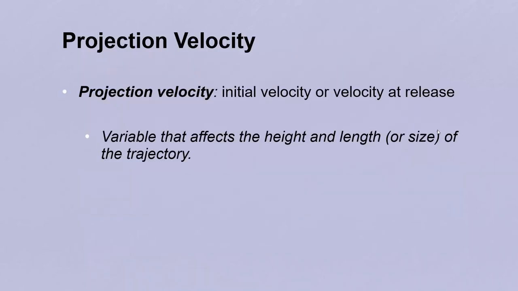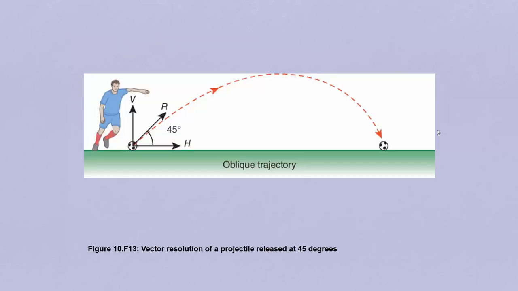So that was angle. Projection velocity also has an effect on the projectile's path. This is the initial velocity, or the velocity at release, that ultimately is going to determine where it is going to land and how long it's going to be in the air, what we call flight time, correct? If an object is released at 45 degrees, this is a soccer kick for example, technically at release it would have the same horizontal and vertical velocity.